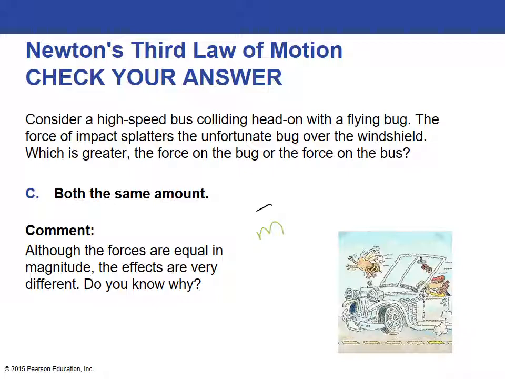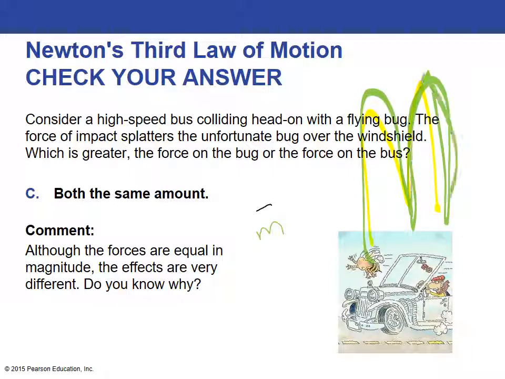The mass of the bug is very, very small, and the mass of the car is very, very big. The change of acceleration for the car is not noticeable. The change of acceleration for the bug is fatal. We will talk more about this in future chapters. Let's go ahead.